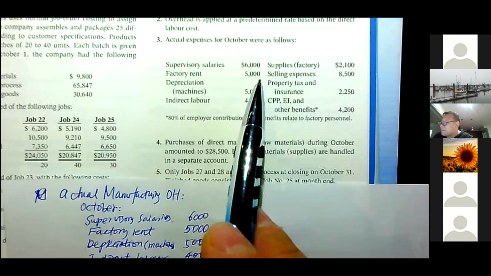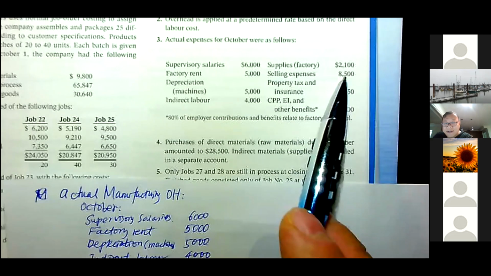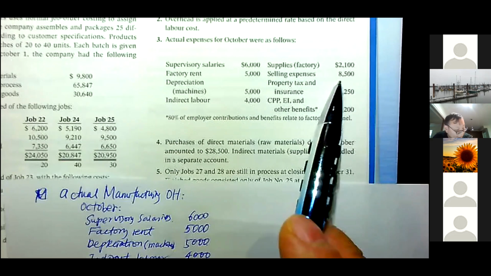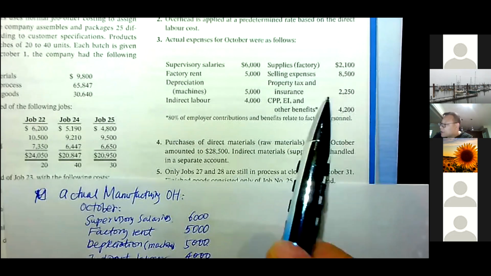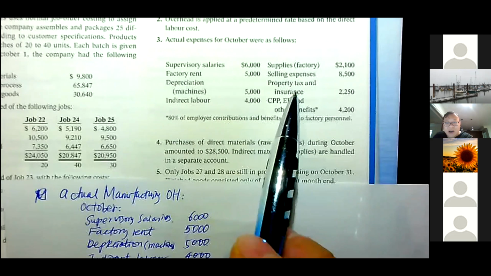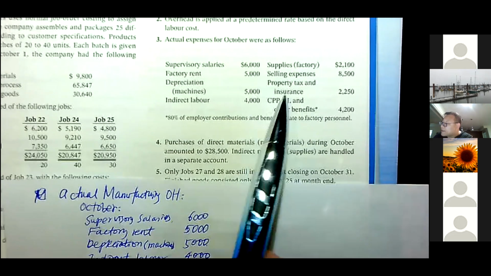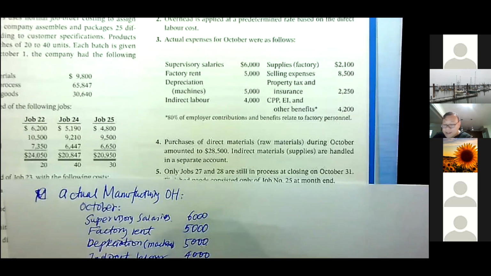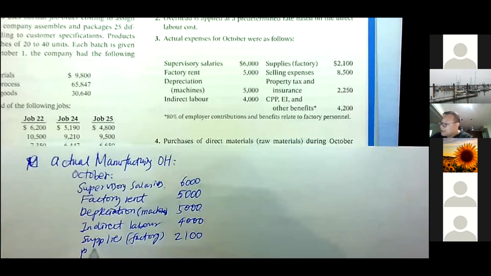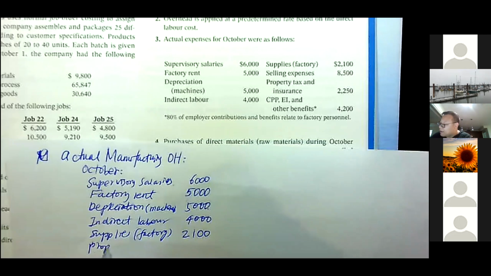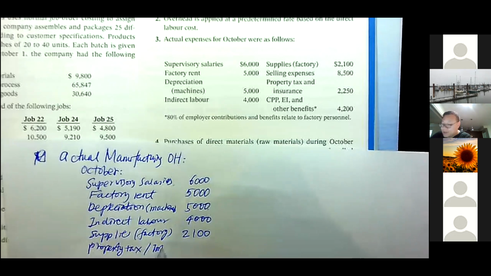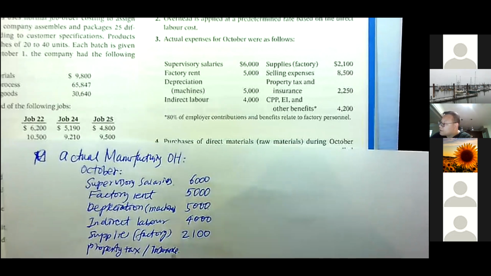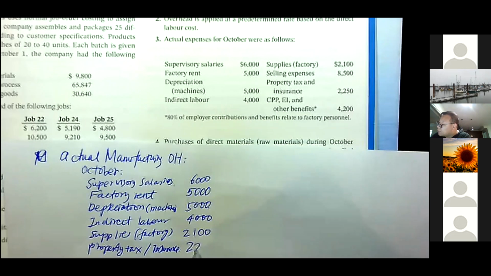So this is not a product cost, so we leave that. Property tax and the insurance. We assume we are talking about the factory, right? Yes. So that will be property tax and insurance, 225.